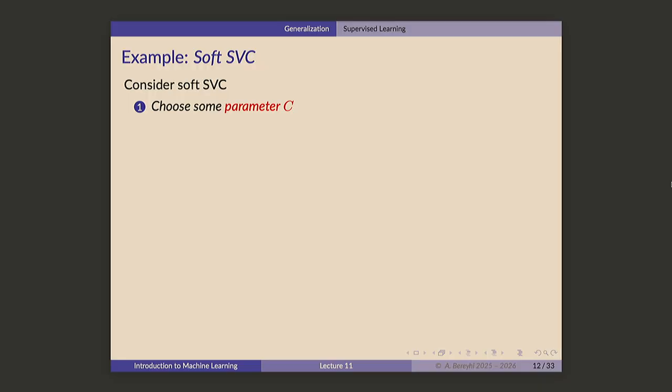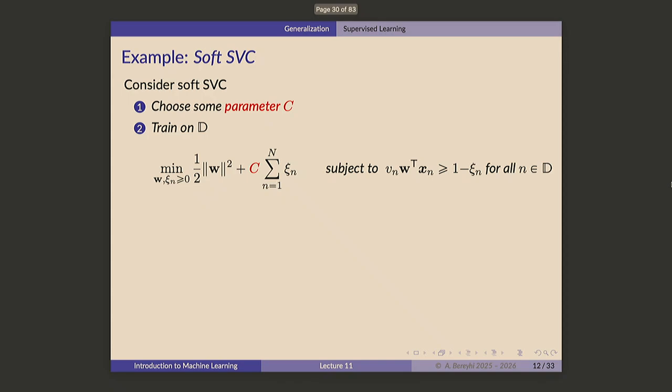So you remember what soft SVC was? We said the problem is not exactly linearly separable, or it's not very perfect because it has a bunch of outliers. Then we just let the points get out of the margin, or even be misclassified, right? In order to do that, we came up with this idea. You have a training set, and for all the points you just solve this problem.